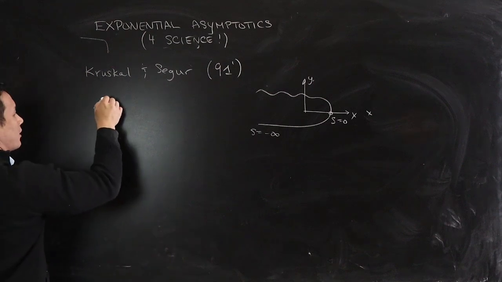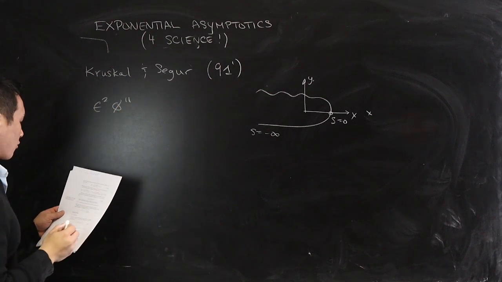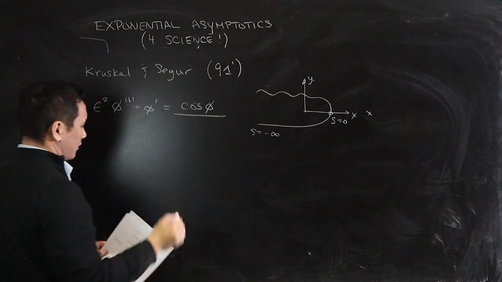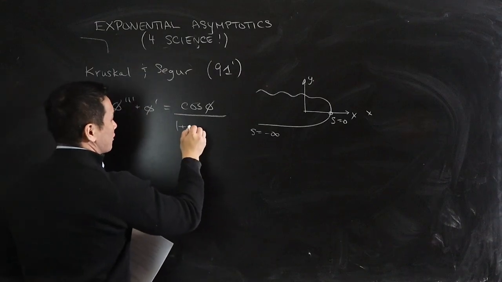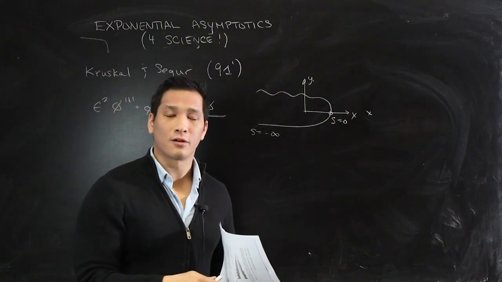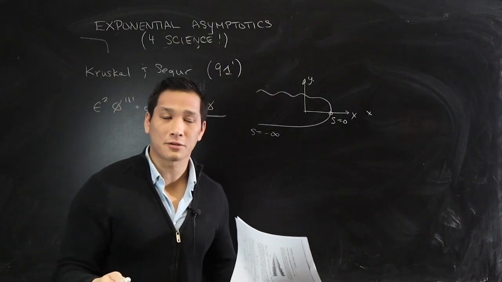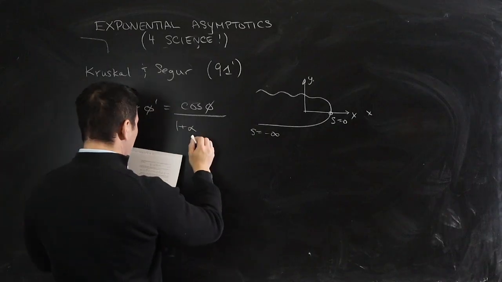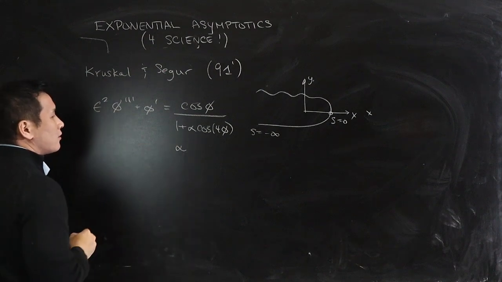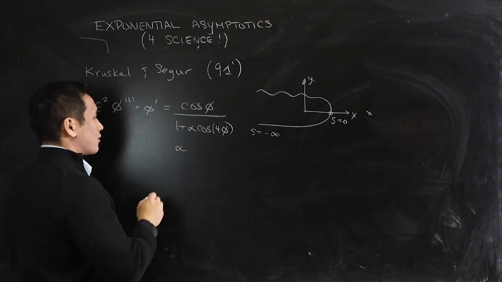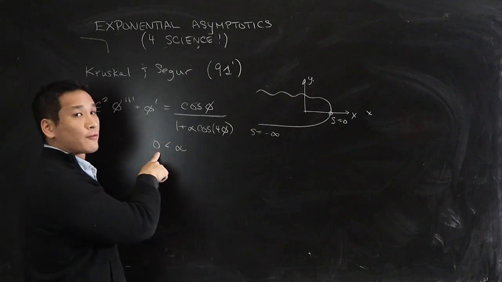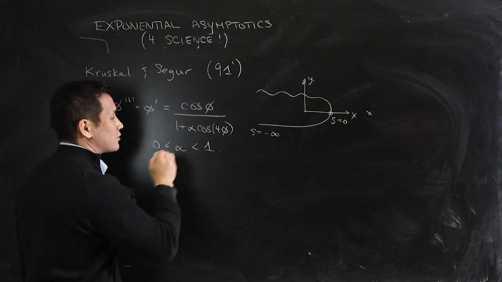The modification is thinking of the third order problem with the usual cosine of phi on the right-hand side, but if you assume anisotropy, so that the growth of the interface is not happening equally in all directions, then you can produce this kind of model instead, where this alpha is your anisotropy parameter. In the limit that alpha tends to 0, you recover the original problem, and alpha is between 0 and 1.